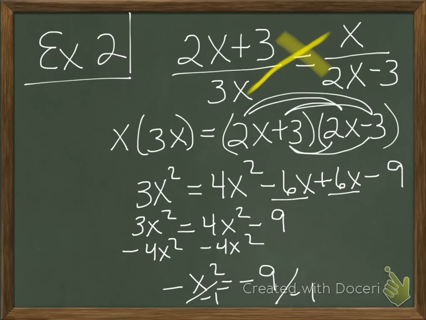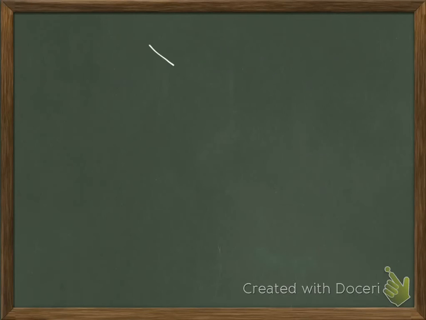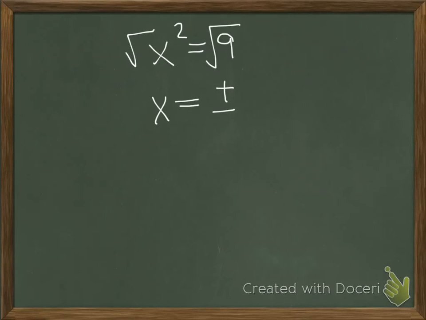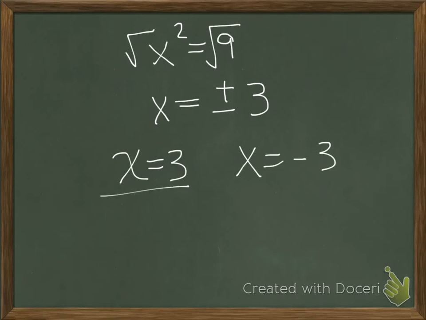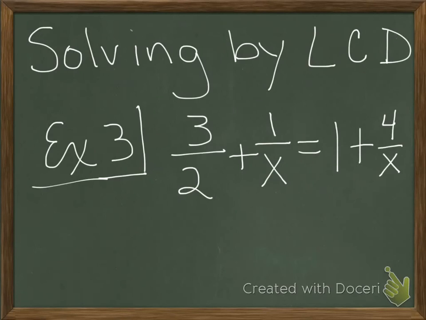Going to the next page, I'm going to have x squared equals 9. And if I square root both sides to get rid of that square, my solution is x equals plus or minus 3. So my solutions are 3 and negative 3. Alright, that's cross multiplication to solve the equations.